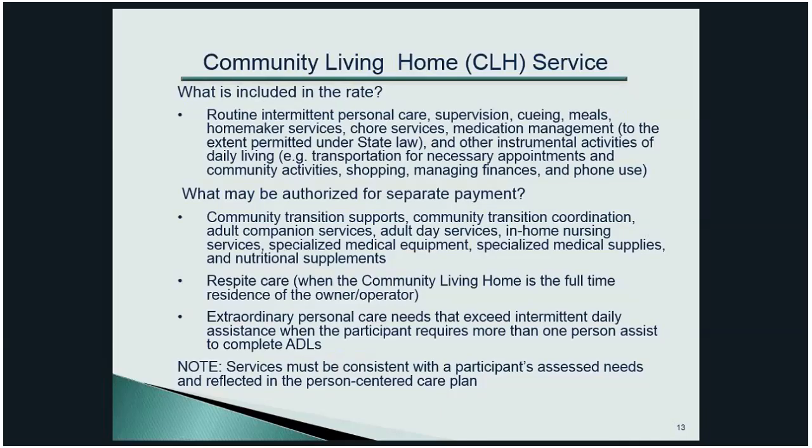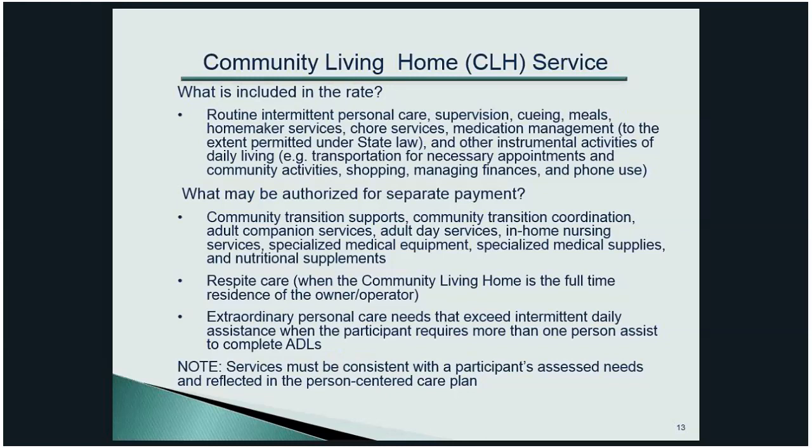However, there are other services that can be authorized based on an assessed need, and that includes the community transition supports and coordination that Misty just talked about, adult companion services, adult day services, in-home nursing, specialized medical equipment and supplies, and nutritional supplements. Respite care can be authorized if or when the community living home is also the full-time residence of the owner-operator.